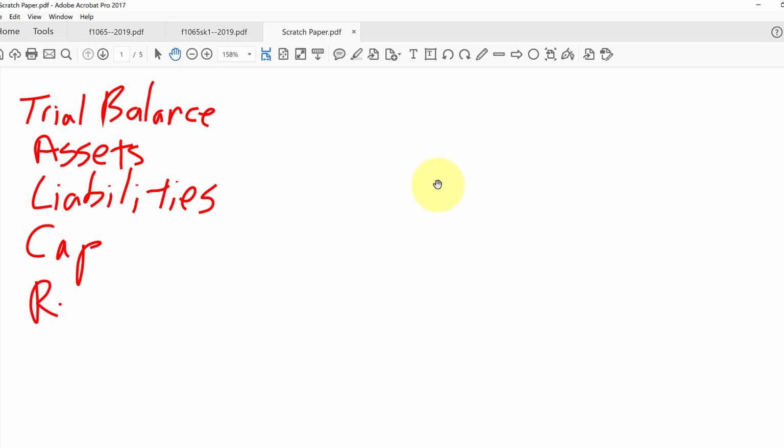And then all the different ways of making money, the revenue accounts, and then the costs incurred to make that money, the expense accounts, in the debit column. Again, your debit balances have to equal your credit balances, although I just show everything in one column here.